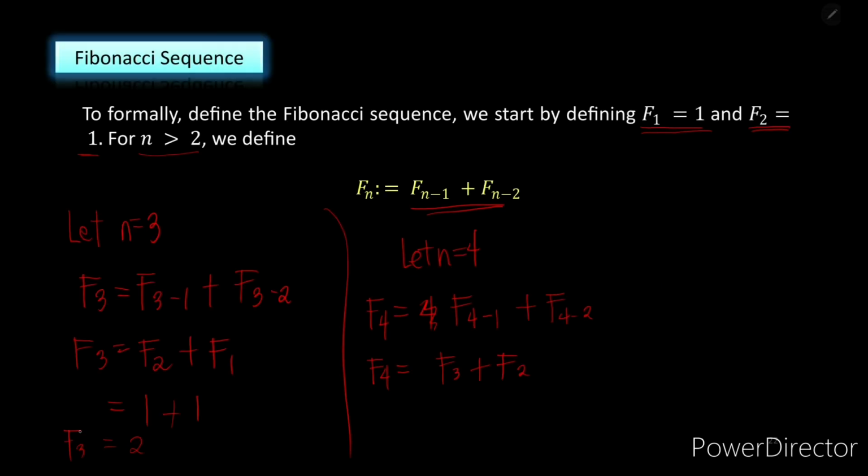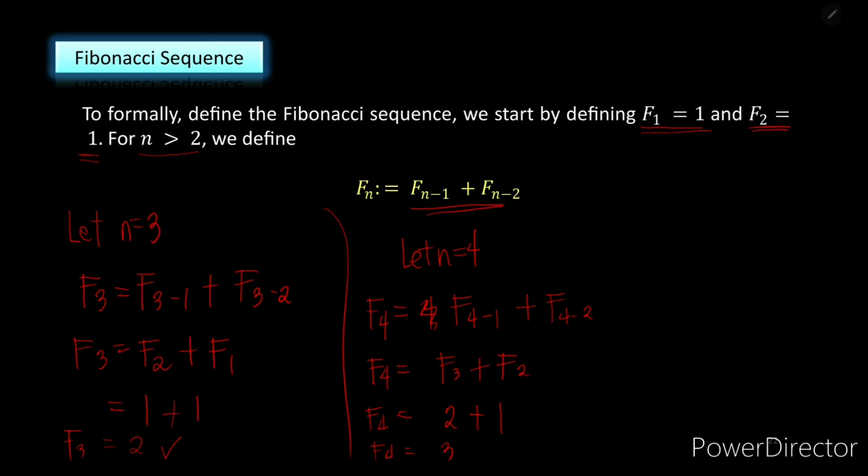Since f sub 3 is equal to 2, we can substitute 2. And f sub 2 is defined as 1, so substitute 1. Hence, the value of f sub 4 is equal to 3.